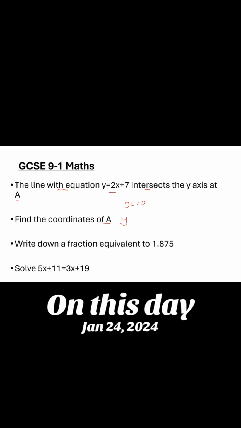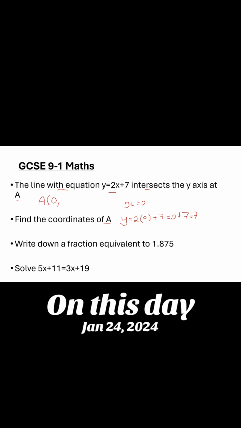I'm going to get y is equal to 2 lots of 0 plus 7. So that'll be 0 plus 7, which is 7. So the y coordinate of A is 7 and the x coordinate of A is 0. So A has the coordinates of 0, 7.